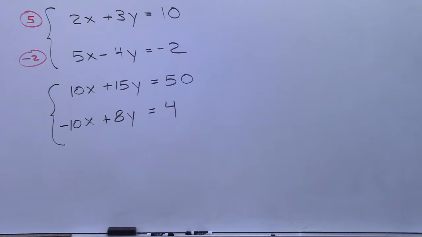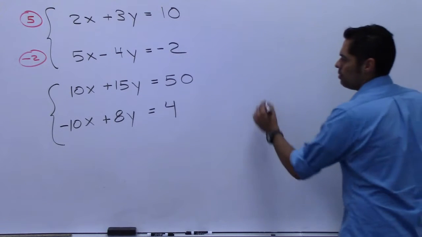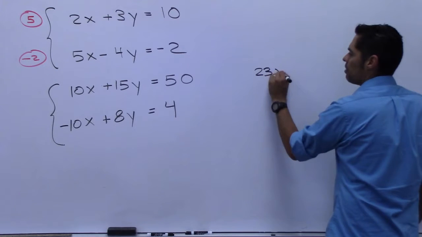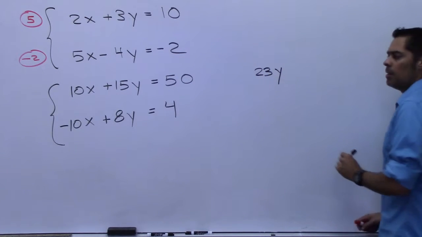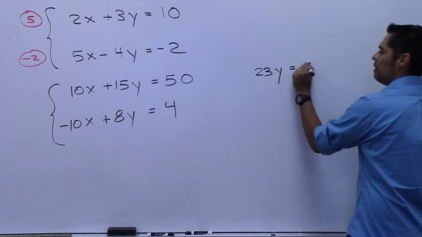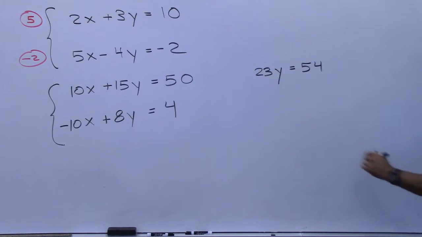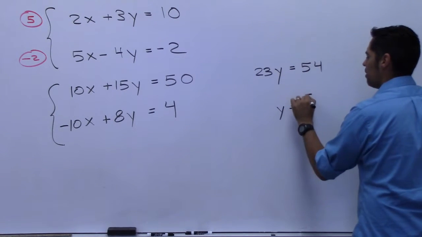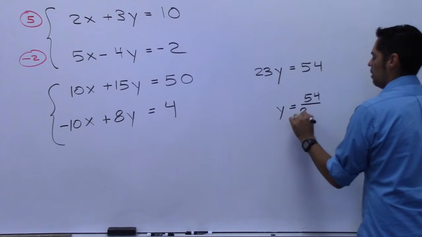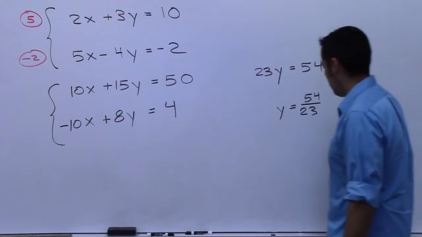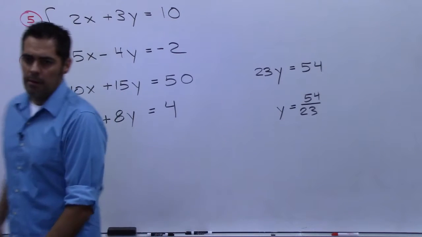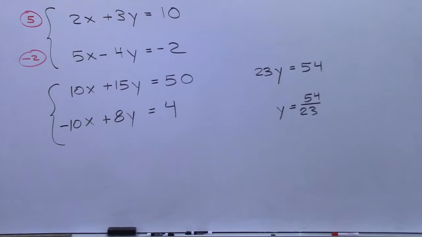Okay, add straight down. 23 y's are all I have left over, right? Equals 54. And then make a fraction out of this. y is 54/23. And that I do not believe reduces. So now we go back and get x.